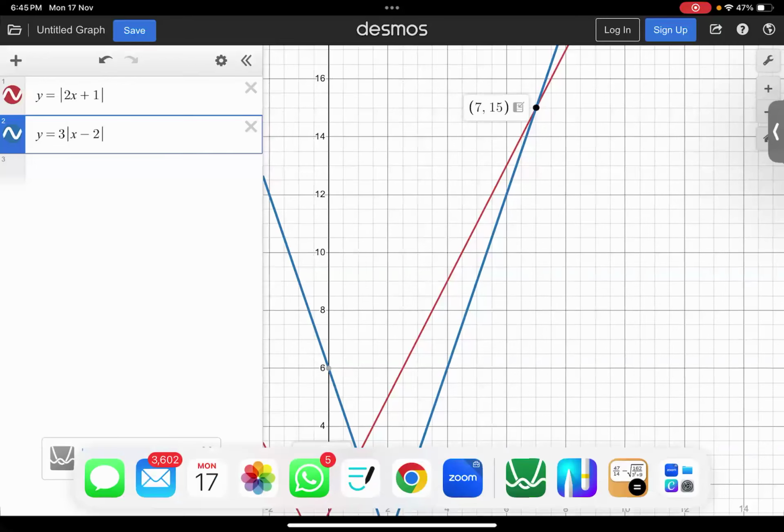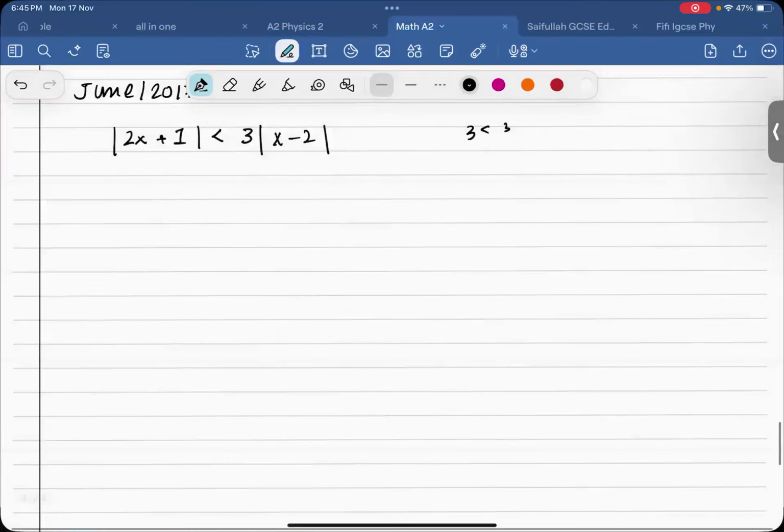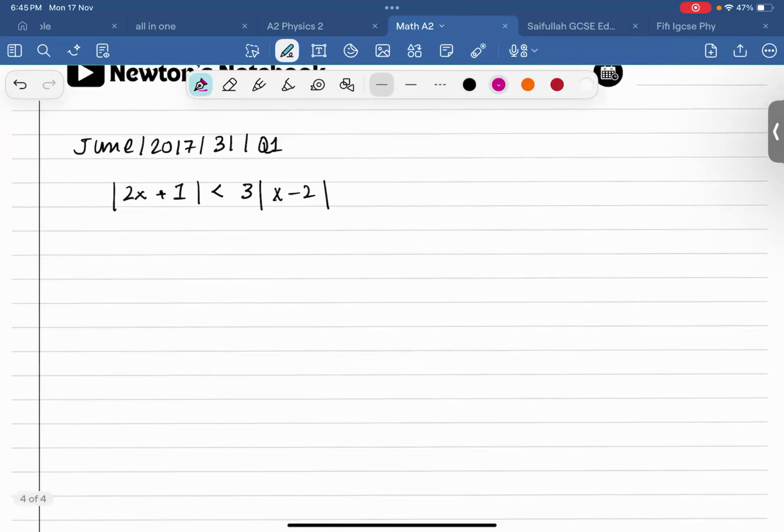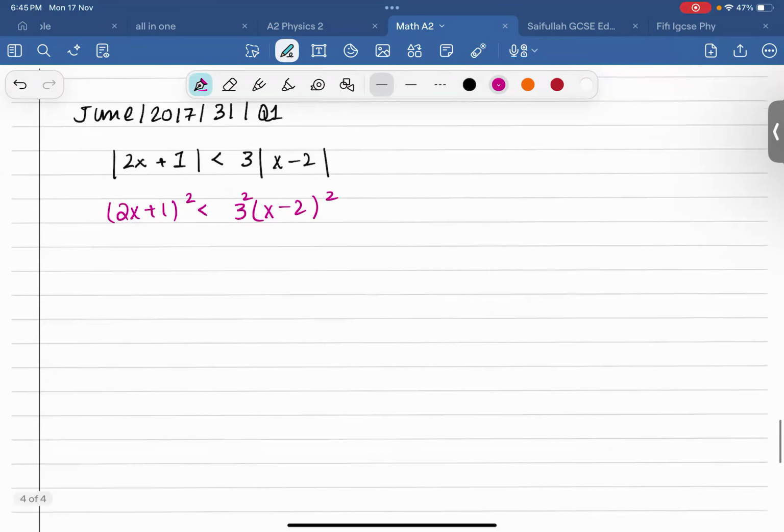Okay, let's take you back to the question. So when you square both sides, we have 2x plus 1 whole squared, and then 3x minus 2 whole squared. The graph is just for you to visualize how it works.